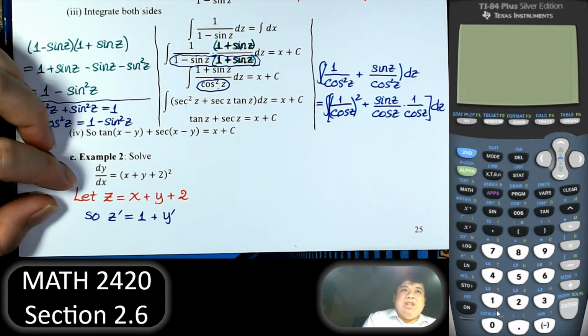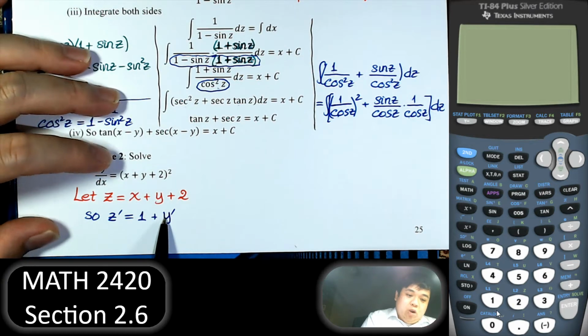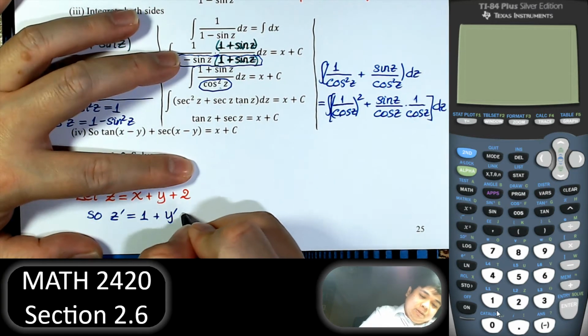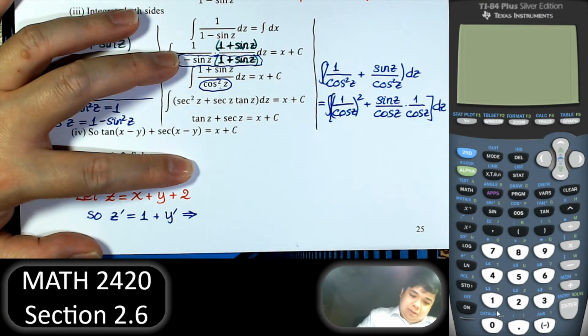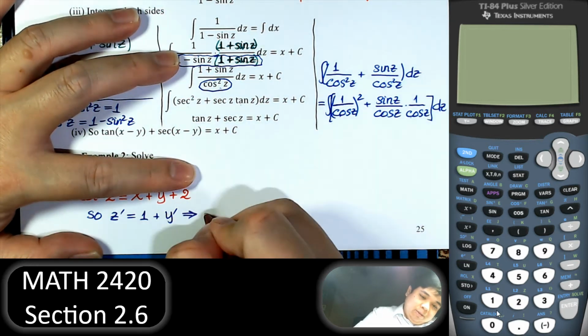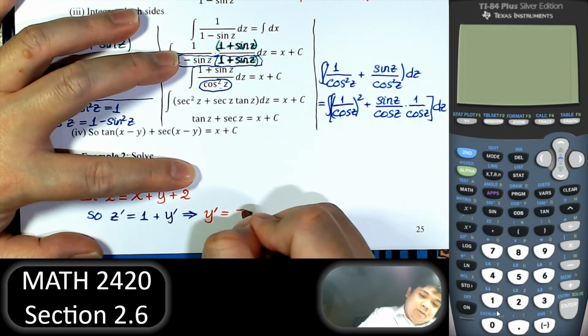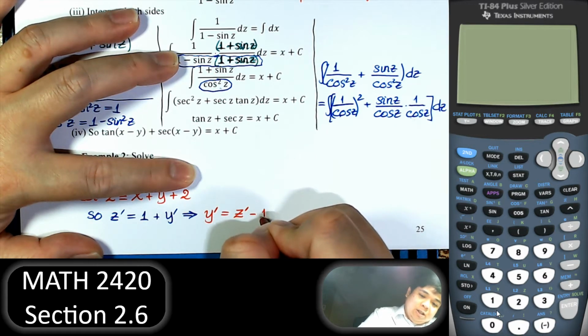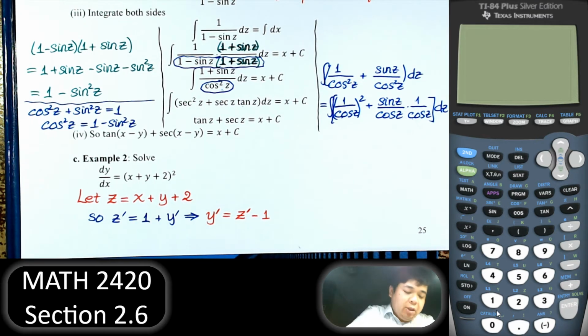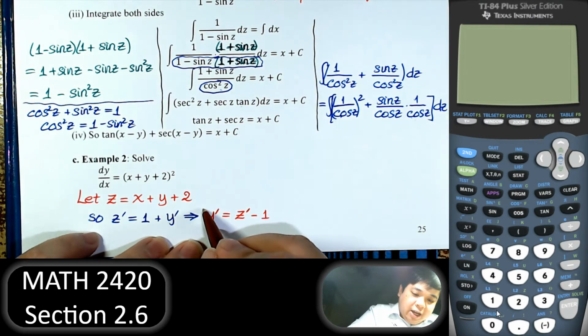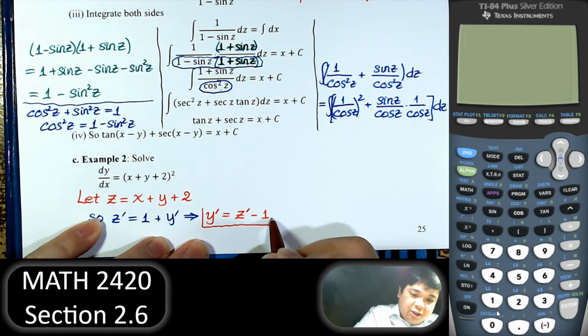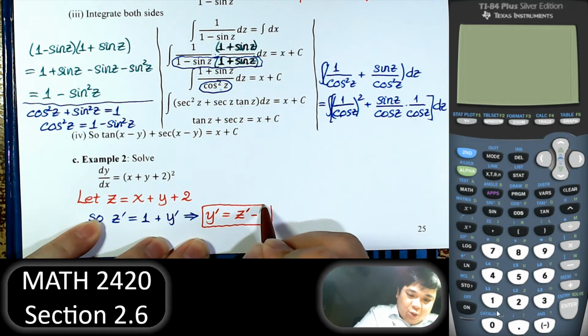It's going to be 0 anyway. And if we solve for y prime, y prime equal to z prime minus 1.